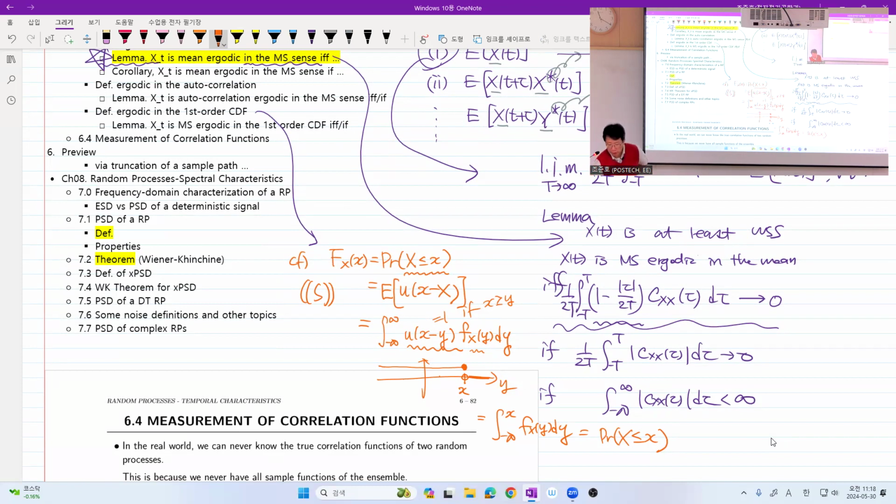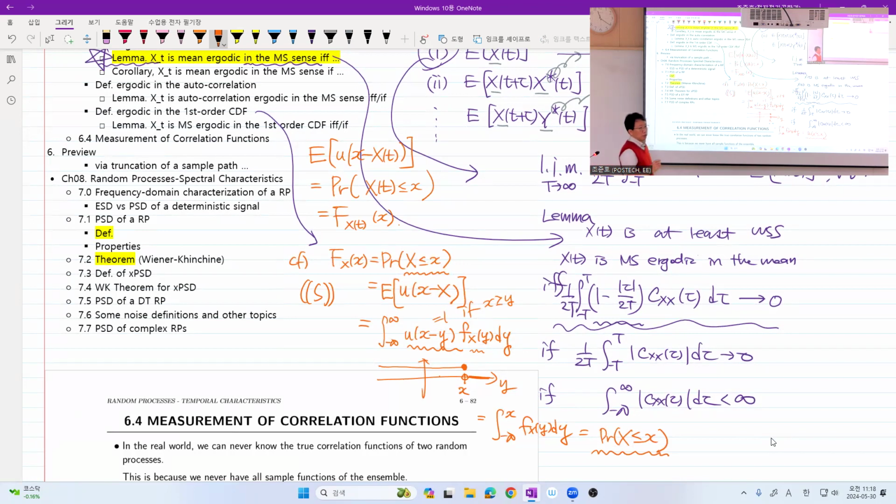Then what happens? The expectation of U of x minus X of t. What would that be? Simple. Just go back to this one. Instead of X, you use X of t, which means that this is the probability of the event that the random process X of t is less than or equal to some value x. What is that? By definition, it is the first order CDF of the random process.